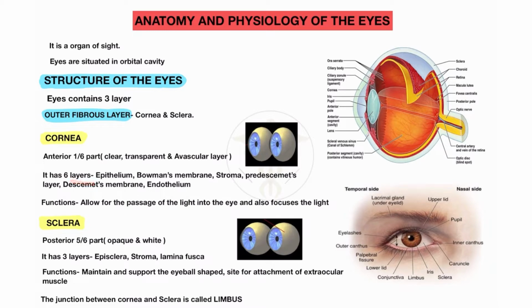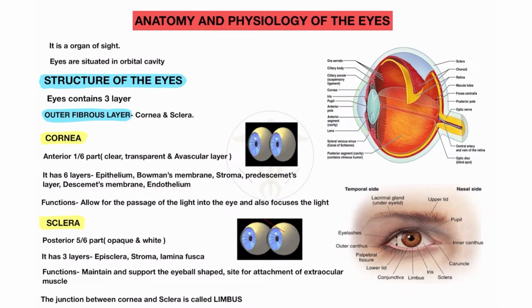The cornea has six layers. There is no need to learn them, but if you want, you can learn the six layers of the cornea. First is the epithelial layer, then Bowman's membrane, then the stroma, the pre-Descemet's layer, Descemet's layer, and lastly the endothelium layer.